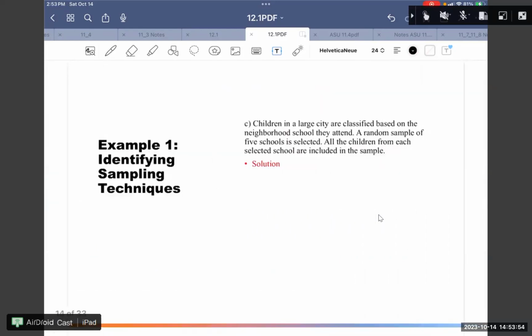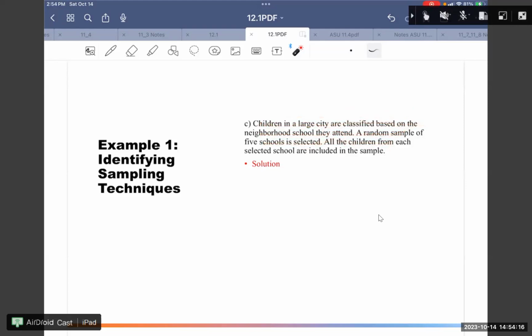So for C, children in a large city are certified based on the neighborhood school they attend, and a random sample of 5 schools is selected. All children in each selected school are included in the sample.